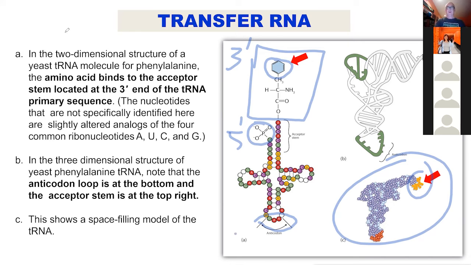So we have the anticodon loop at the bottom, and then the amino acid on the top. Okay, so each amino acid has a very specific transfer RNA that recognizes it and has this particular anticodon.